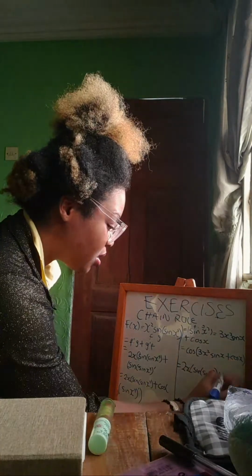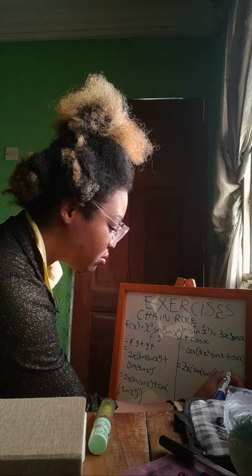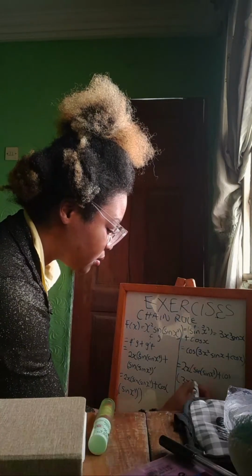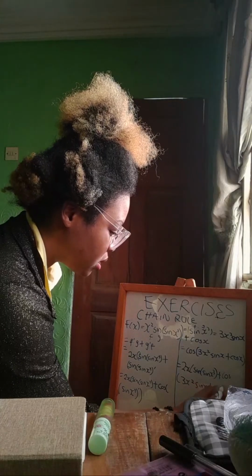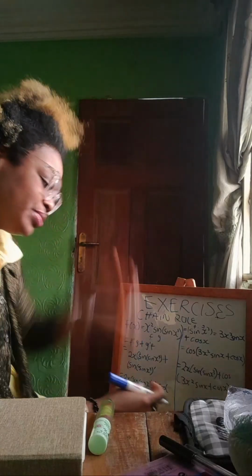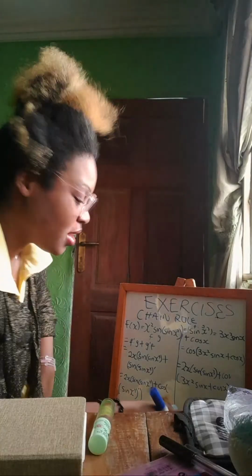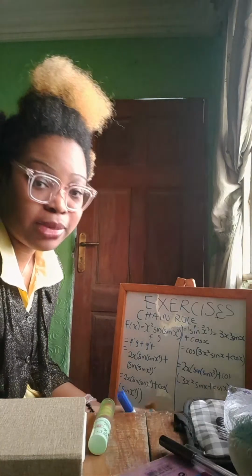Cos, cos 3x squared sine x plus cos x. And I feel like I don't have anywhere to go. Okay, I don't have anywhere to go. So I think I'm wrong. So I need to check where I'm wrong and make my corrections.